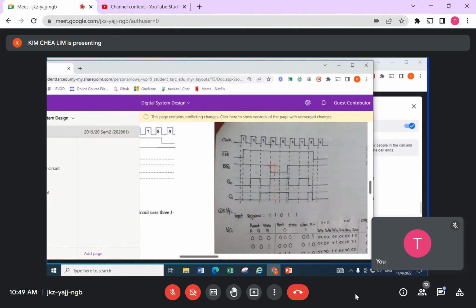Clear is active, that's why they must start from 0. Question never says, but reading from these diagrams, clear starts from 0. So both Q0 and Q1 must start from 0. It's not an assumption, you have already set Q0 and Q1 to 0. Then the first rising edge comes, nothing will happen because my clear is still working.